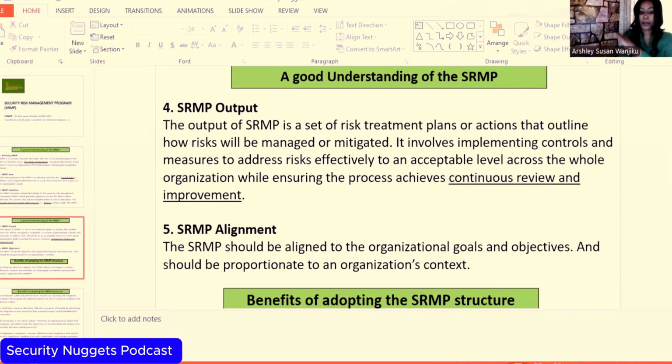You can't just pick a program from one organization and implement it in your organization. No. You can only develop a plan or a program that suits your organization. So it's got to be very specific, very targeted to the specific organization that it is being developed for.